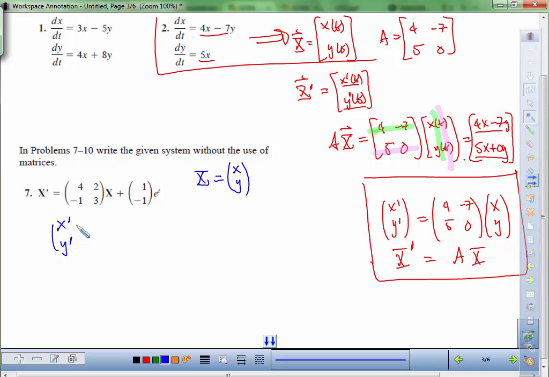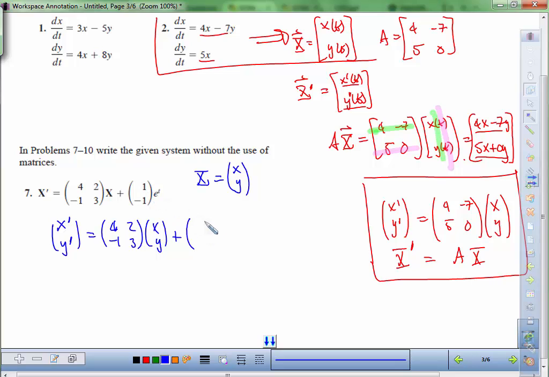We have x prime and y prime for the left-hand side of the equation, and we have the matrix 4, 2, minus 1, 3 times xy, plus now we have a vector times a scalar, and what happens here is that we can just combine this into one vector with nothing hanging outside.